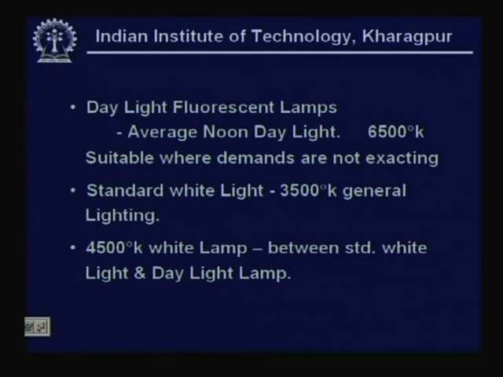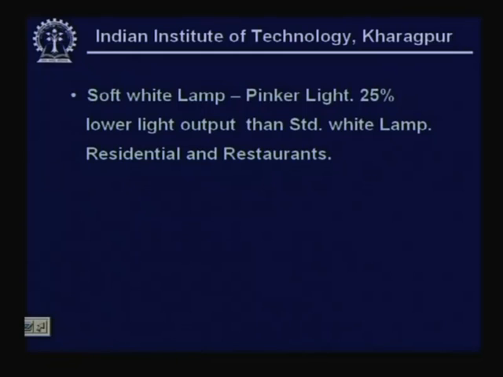In fact, it is called 4500K white lamp. And where the illumination levels required are less, we have soft white lamps. This gives a slightly pinkish light because the output itself is 25% lower than the standard lamp, and this is used where dim lighting is required.